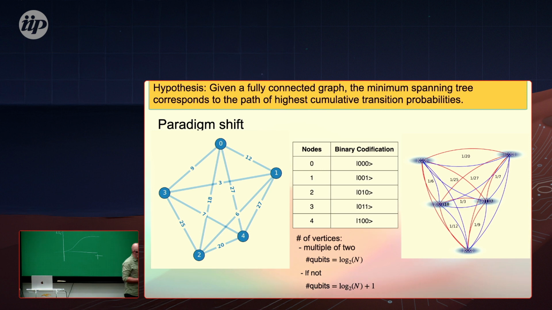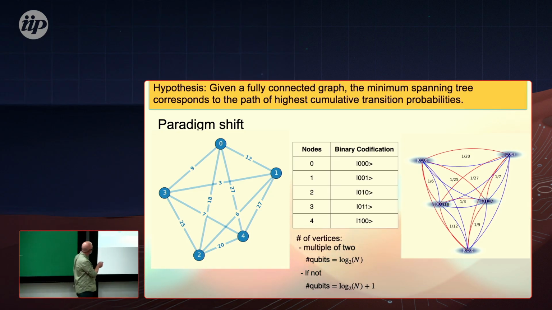Kruskal is very simple. Let's suppose that you are at this vertex and you want to go to the minimal one. What you do is just follow the minimal path here. Then when you reach this vertex, you check which edge has the minimal weight, and then you go to that one.